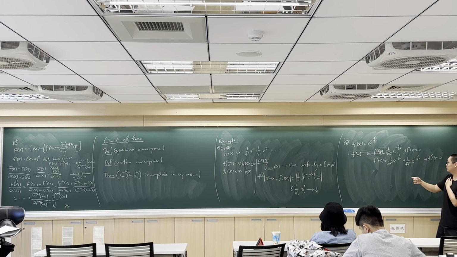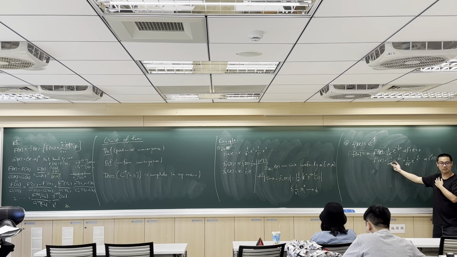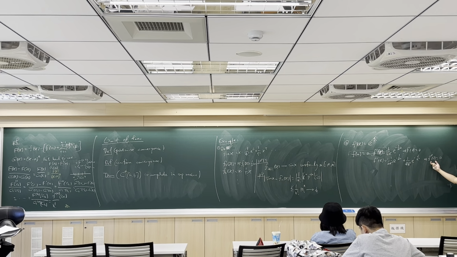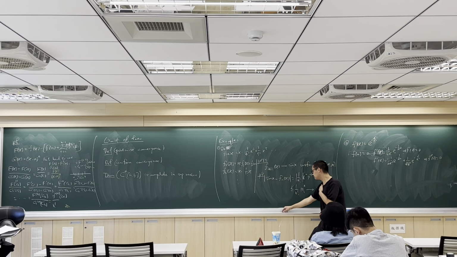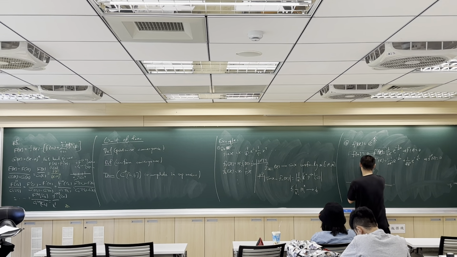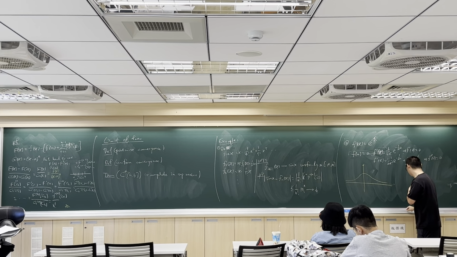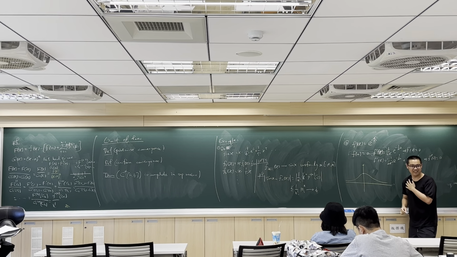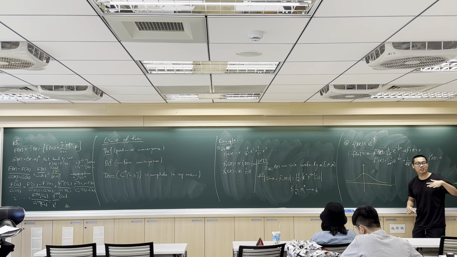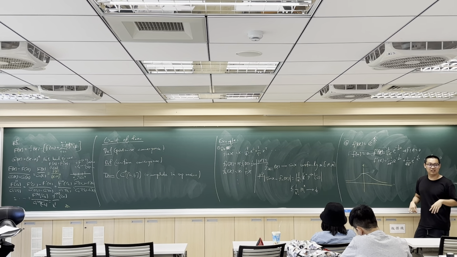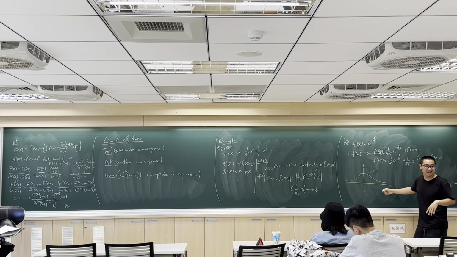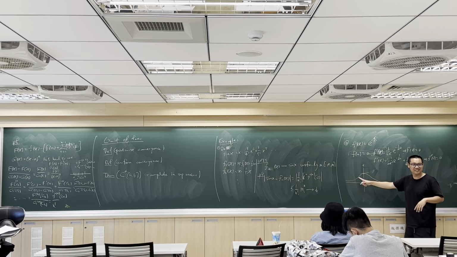No matter how many times you differentiate, this exponential factor always exists in every term, so every derivative at 0 is 0. The function is so flat at this point that any order derivative is 0, but it changes.